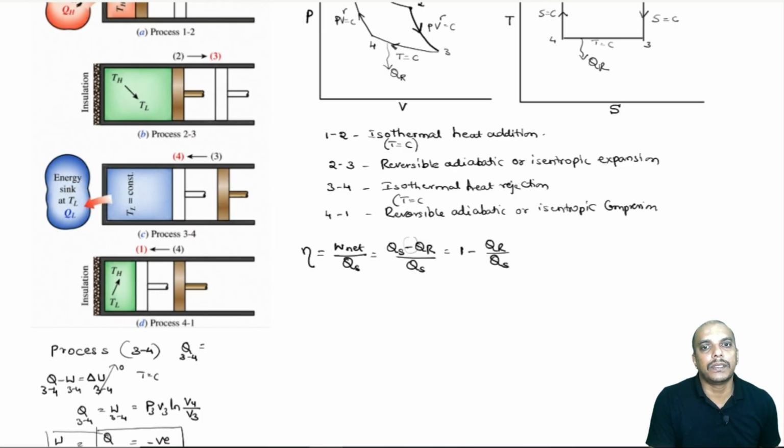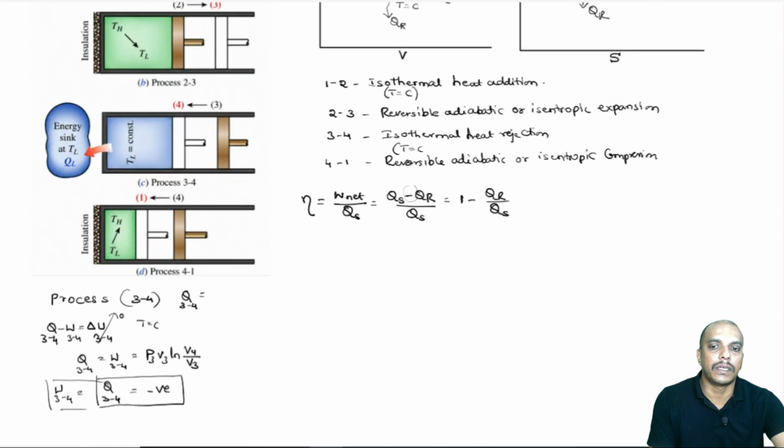So, that means volume is decreased. So, V4 will be less than V3. But remember we have already used the negative sign for QR. So, obviously we cannot substitute negative of negative, alright.